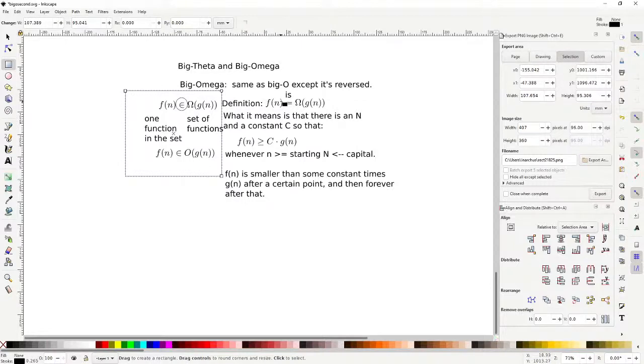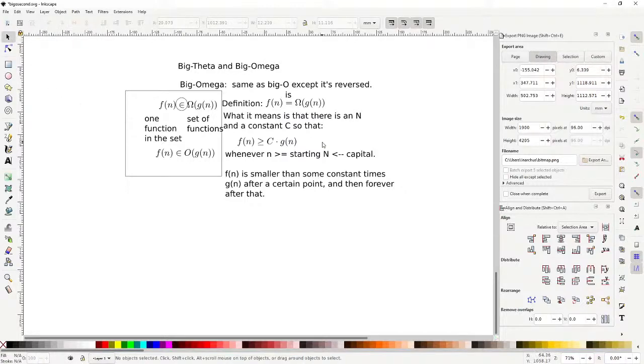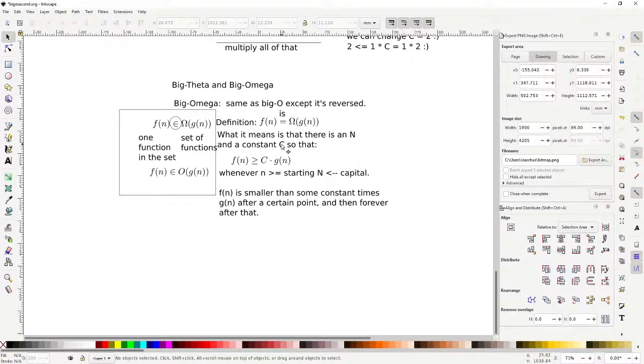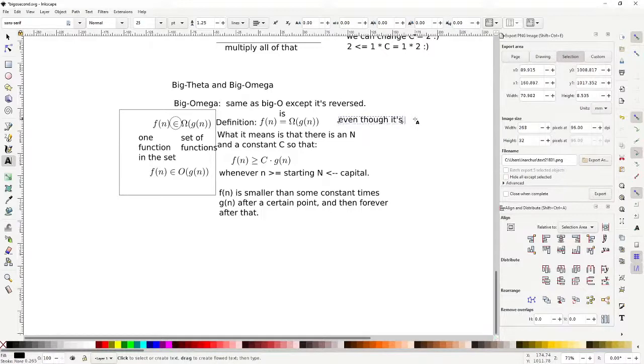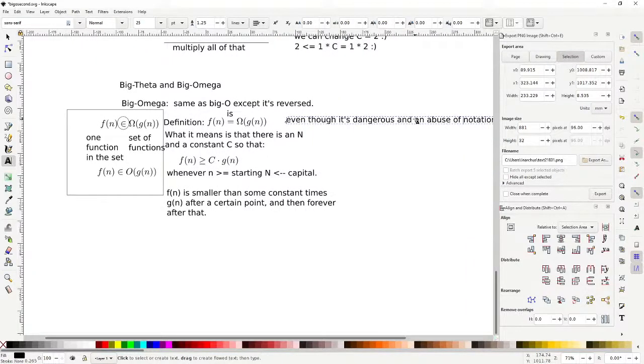Whereas if you use the equal sign, there are tricky ways that you can end up in mathematical danger, where you end up with something that's false. The problem is, and the reason why I still write this down sometimes, is because even though it's dangerous and an abuse of notation, you will see it in books, websites, etc.